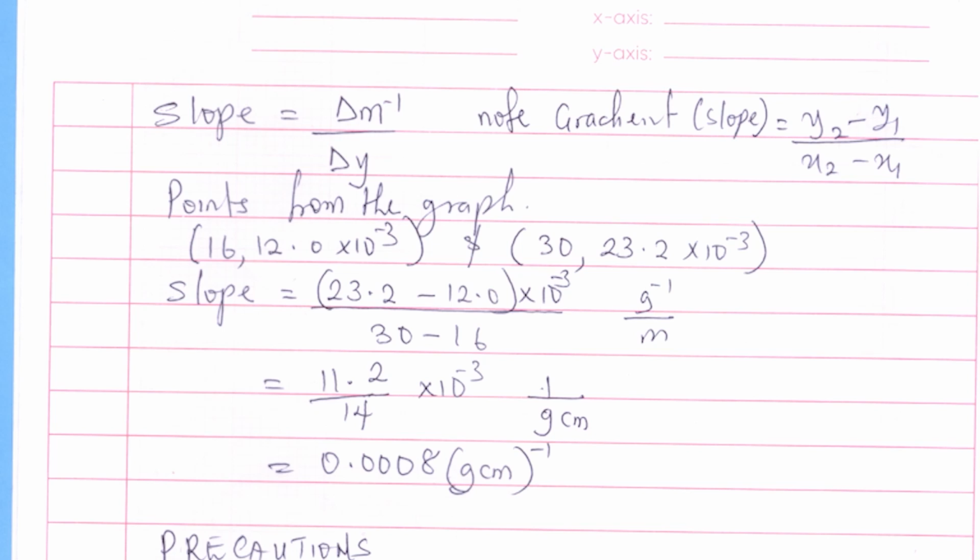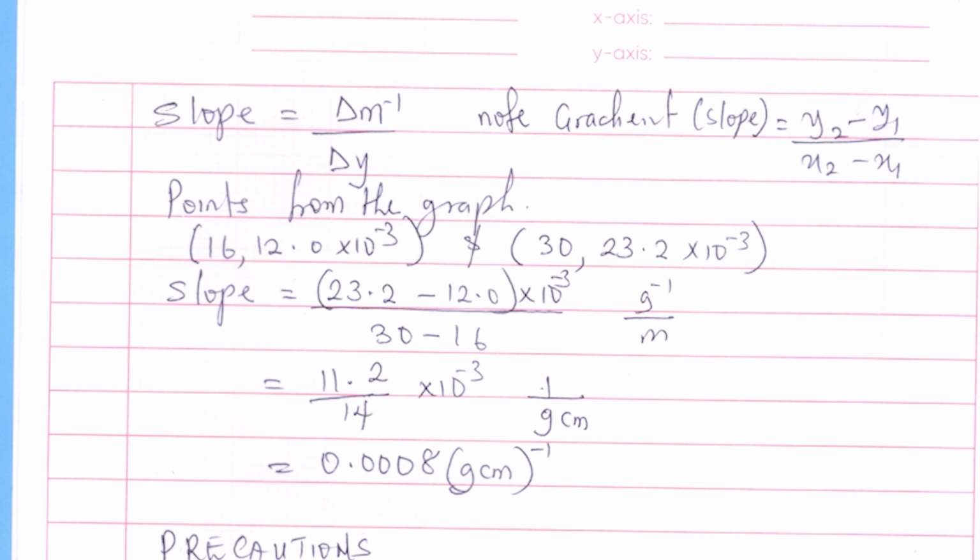Now we say slope equals (23.2 minus 12) in bracket times 10 raised to power minus 3 all over 30 minus 16. So what do we have? Take your calculator, calculate that out.